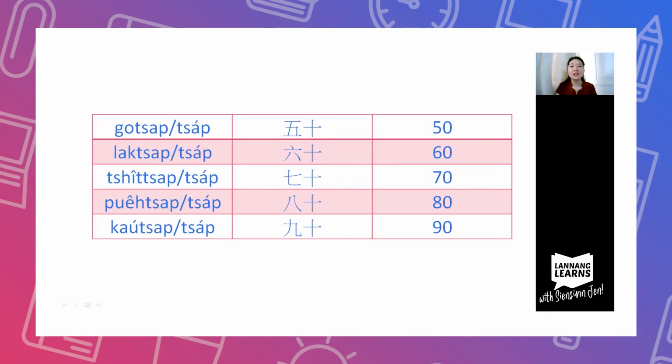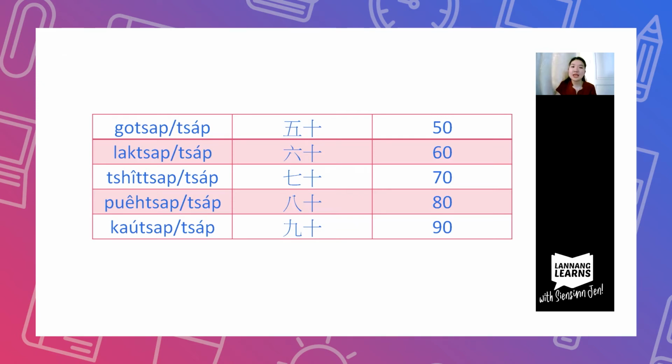Then, let's move on. We say go tap, lak tap, chit tap, we tap, and cow tap. And then we just add the next digit that comes. For example, if you want to say 51, we say go tap it. If we want to say 65, we say lak ta go.